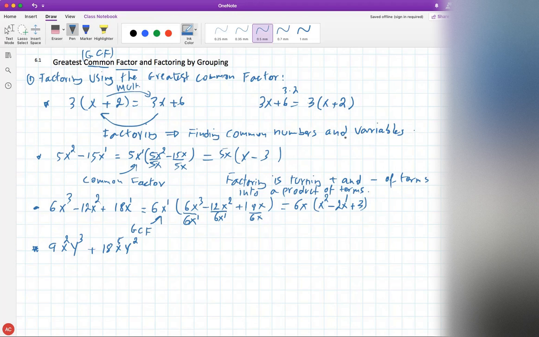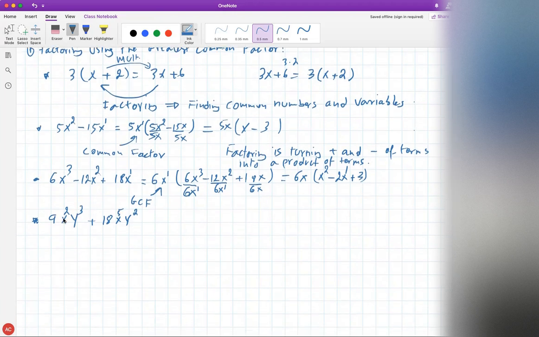We turn additions and subtractions into a product or a multiplication of terms. Whatever we did, we can do to terms with multiple variables. First, again, start with the numbers. What is the highest common factor for these numbers, for these 2 terms?